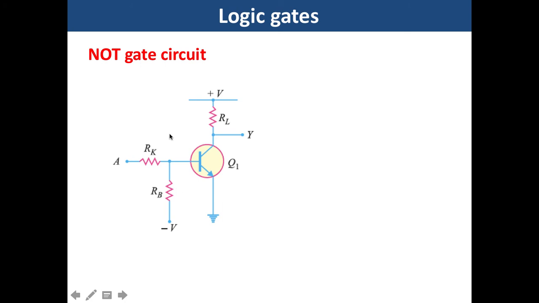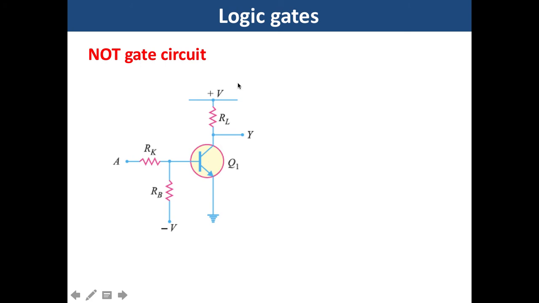If input A is connected to negative potential, or A is connected to ground, then the base goes to the negative potential, and your transistor is cut off, meaning off condition. Your transistor will be in the off condition.